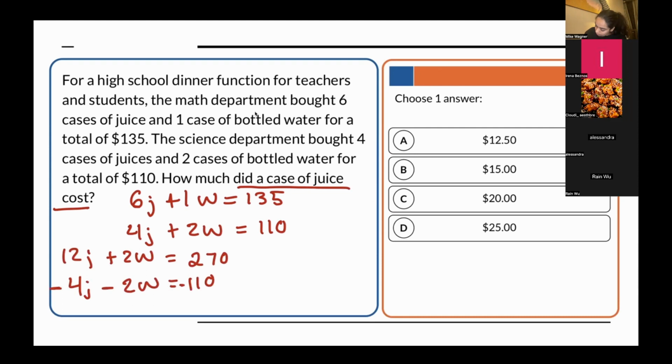And so we have 8J plus 0W equals 160. And it's so elegant. We can divide by 8 and we get J equals $20. Answer choice C. Does anybody have questions on this problem?